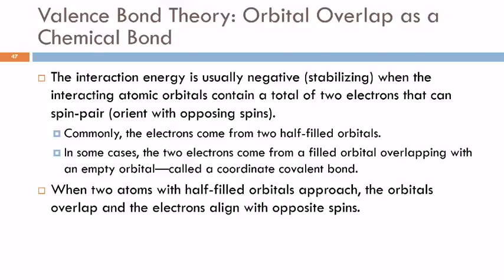Those 2 orbitals overlap, and the 2 electrons now spin pair. So one will be up and one will be down. If the atoms come together and both of those electrons have positive spin, one of them will flip so that they can be together.